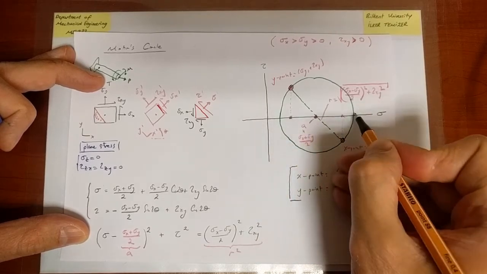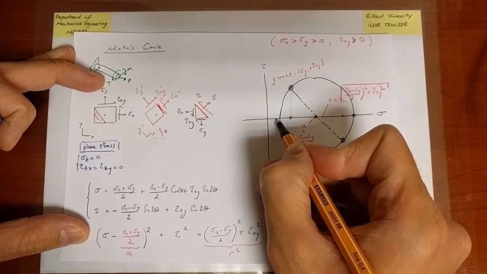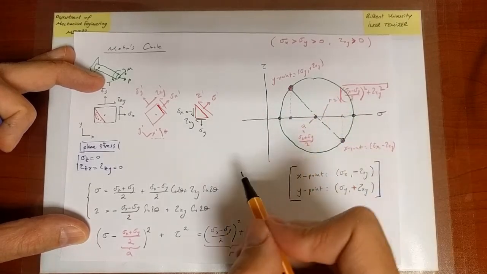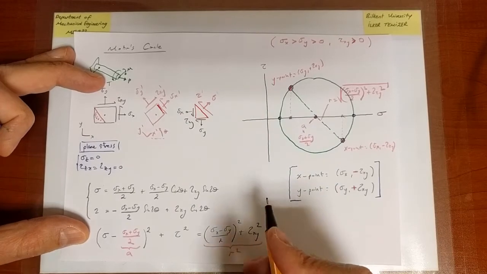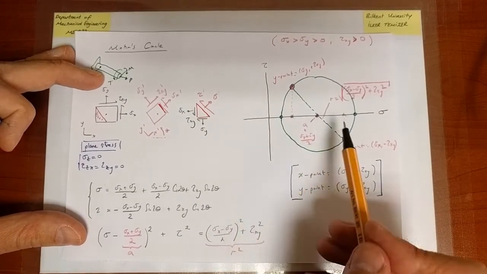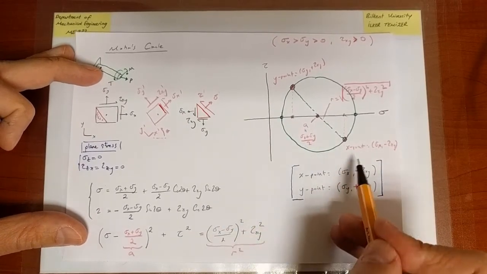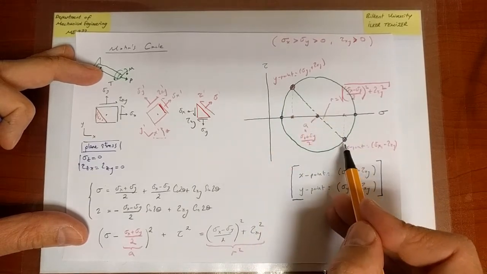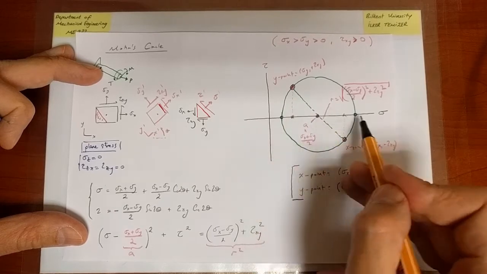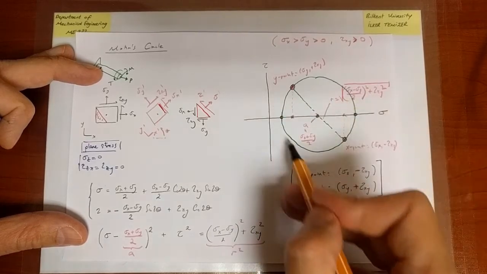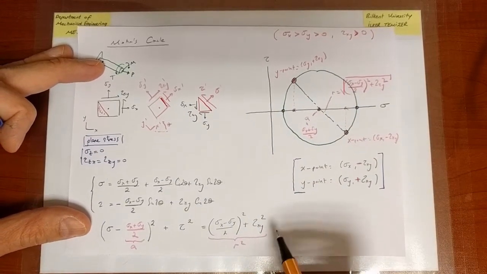You know where that circle is going to intersect the horizontal axis. Let's keep those in mind. And then you can complete your circle. Now, that's the way I would draw it. Starting here and then putting these points, connecting them, finding the center, finding the radius, finding out where they cross the sigma axis, and then completing the circle. Those are the steps, right?